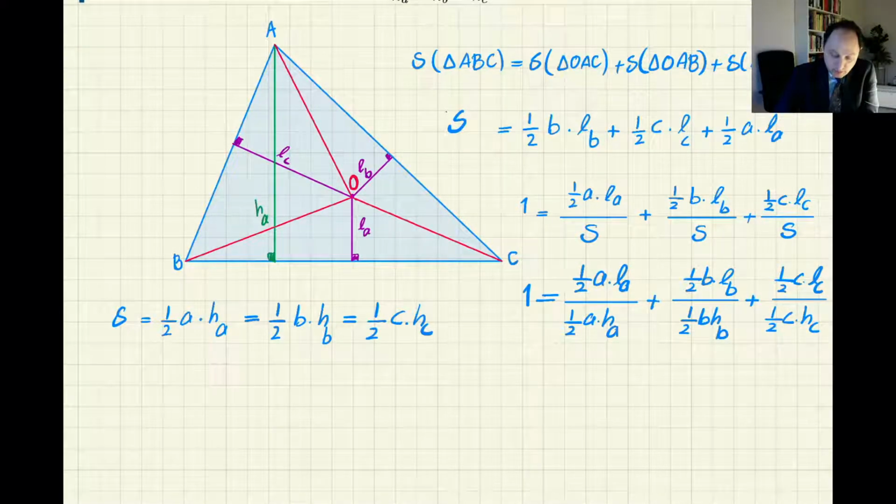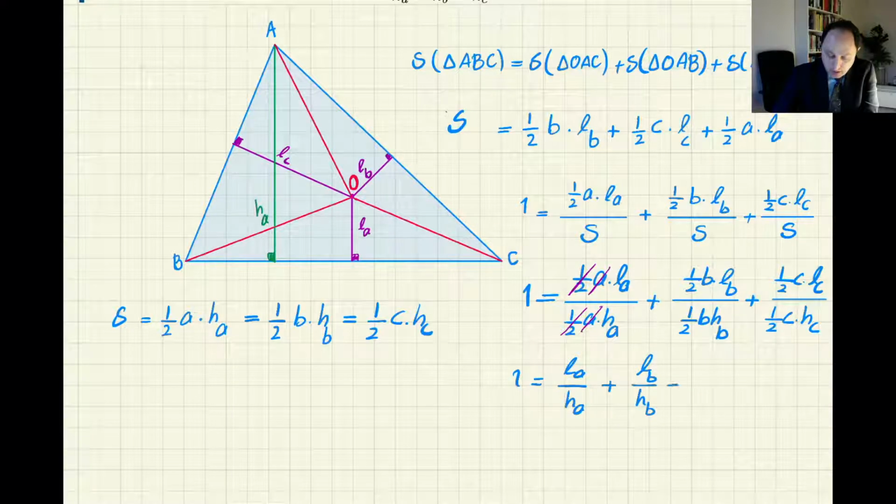And then hopefully everything suddenly becomes clear, because this 1 over 2 and that 1 over 2 are gone, this a and that a are gone, so what is left from the first fraction is simply LA over HA, yes? And then the next one, for the same reason, the 1/2s are cancelled, b's are cancelled, what is left is LB over HB, and then the next one I will have LC over HC.